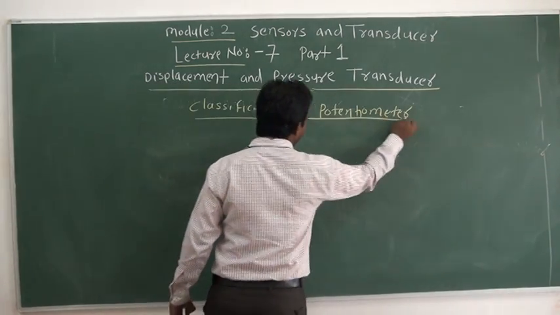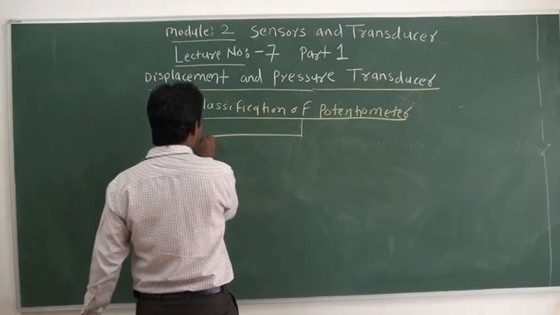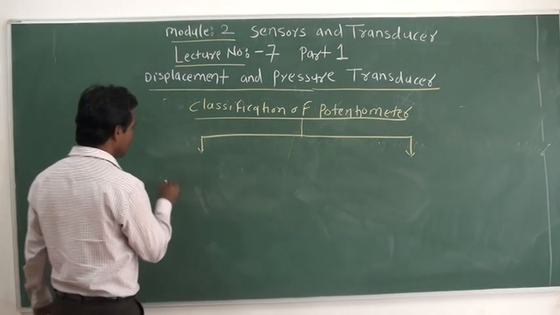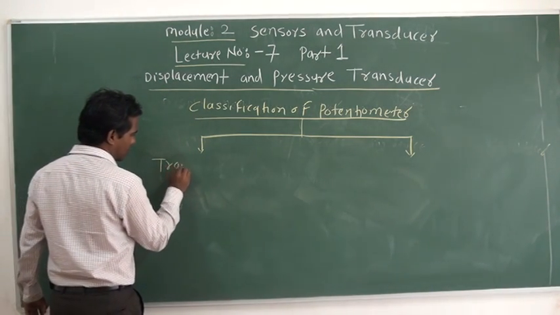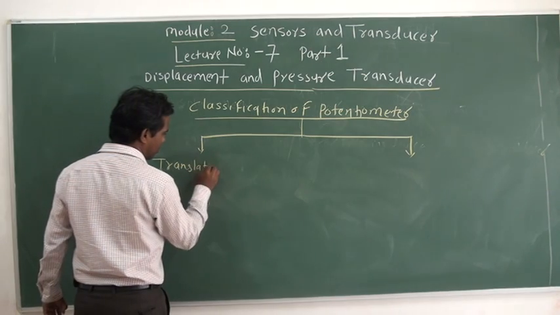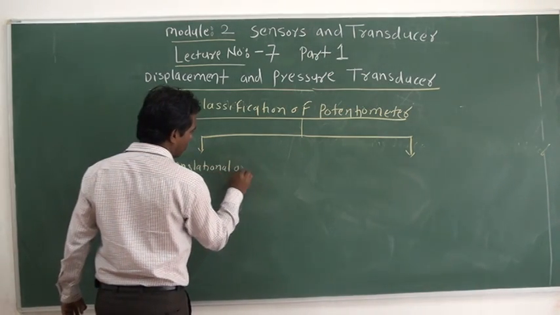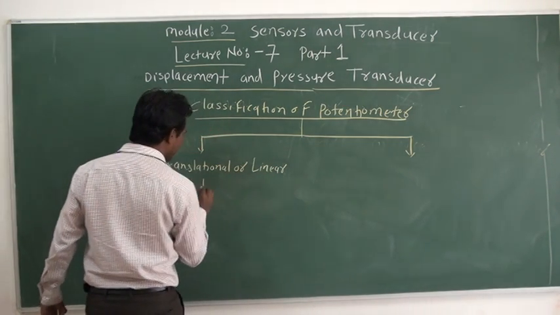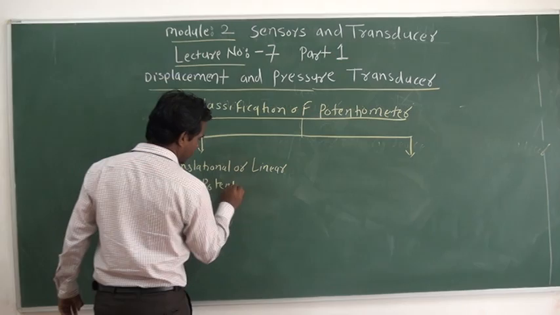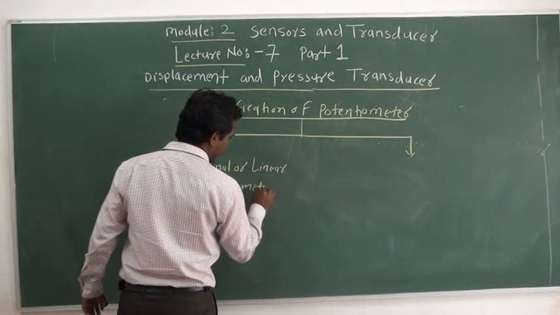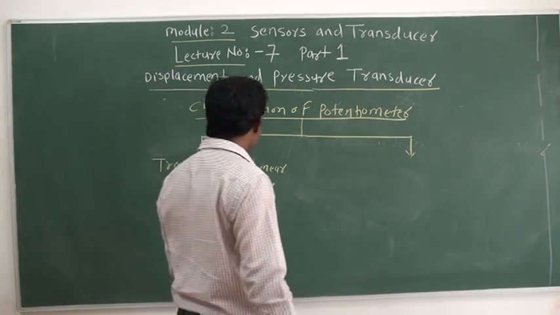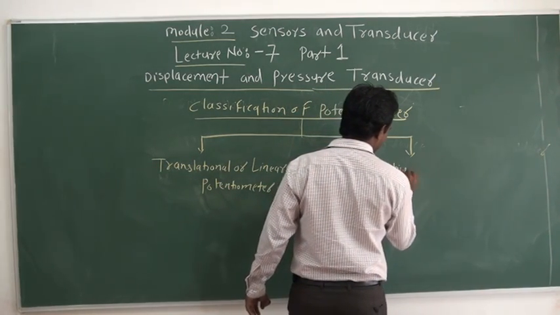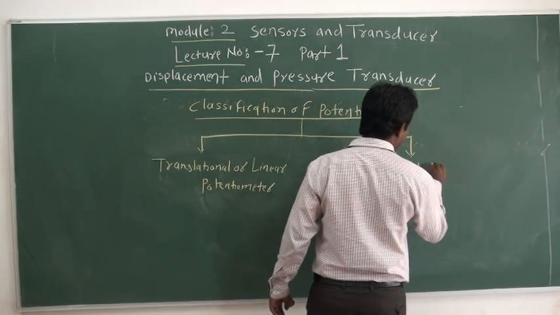So the potentiometer is basically classified into two types. One is your translation or linear potentiometer, and the second one is your rotational potentiometer.